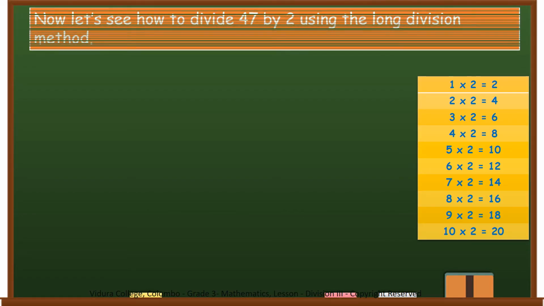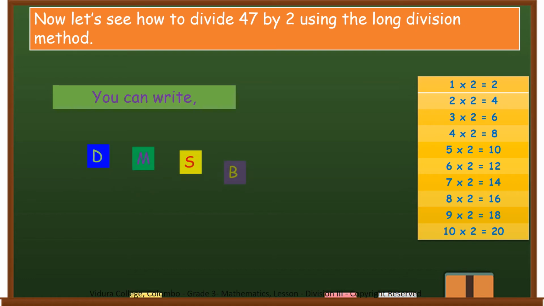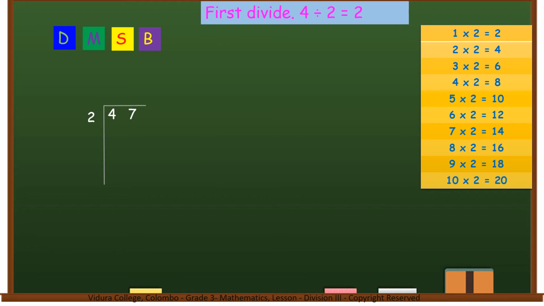Now, let's see how to divide 47 by 2 using the long division method. First, you can write D, M, S, B. Then write the numbers as follows. If you want, you can write the multiplication table aside of your book. First, divide. 4 divided by 2 is 2.